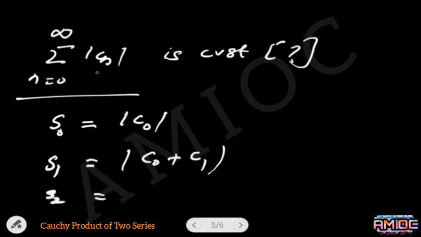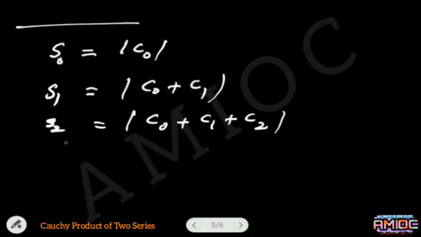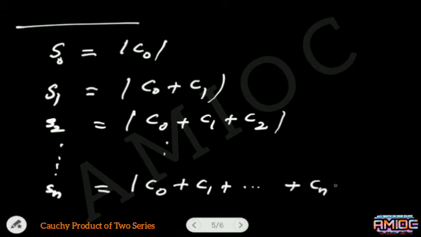S2 is equal to modulus of C naught plus C1 plus C2, etc. We get Sn equal to modulus of C naught plus C1 plus etc. plus Cn.